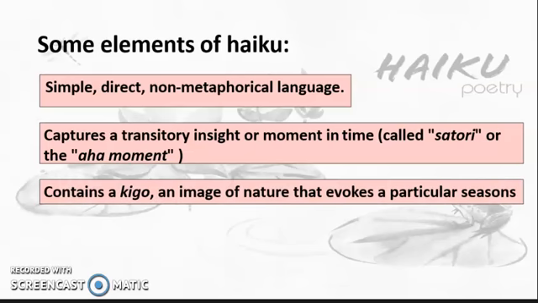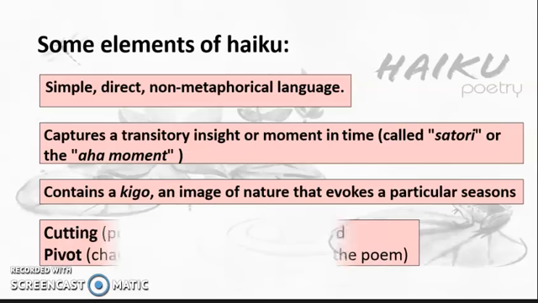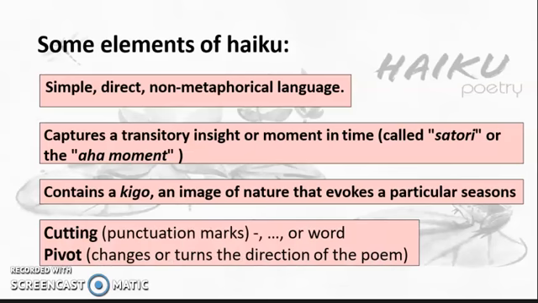Next, it contains a kigo, an image of nature that evokes a particular season. It usually occurs in the 1st or 3rd line of a haiku. And lastly, a haiku usually contains a cutting. The cutting divides the haiku into two parts with a certain imaginative distance between the two sections, but the two sections must remain, to a degree, independent of each other.